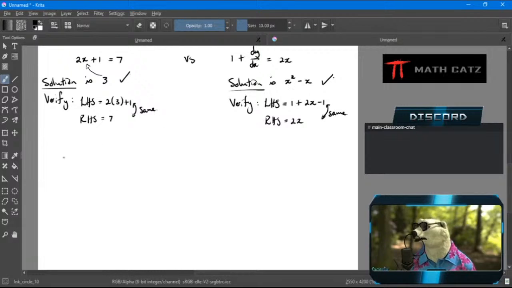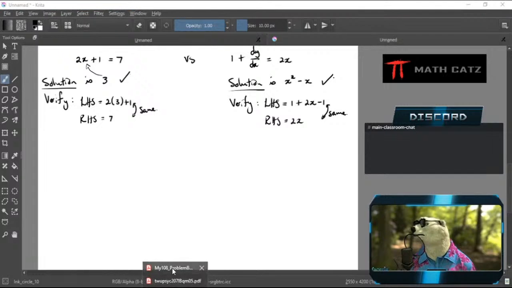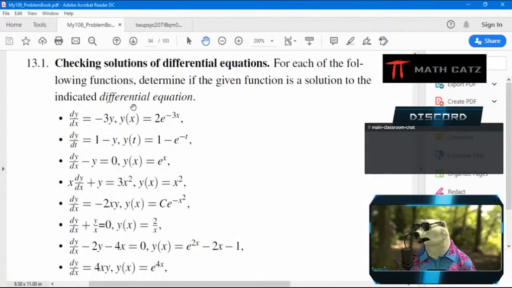Okay. To emphasize that further, we're going to look at some problems where we're given a function and we just want to check, is this a solution to the differential equation? To really emphasize, what do I mean by solution? Because it's very important.